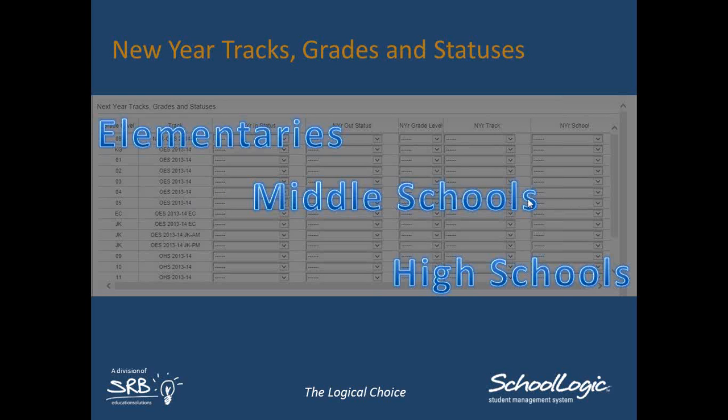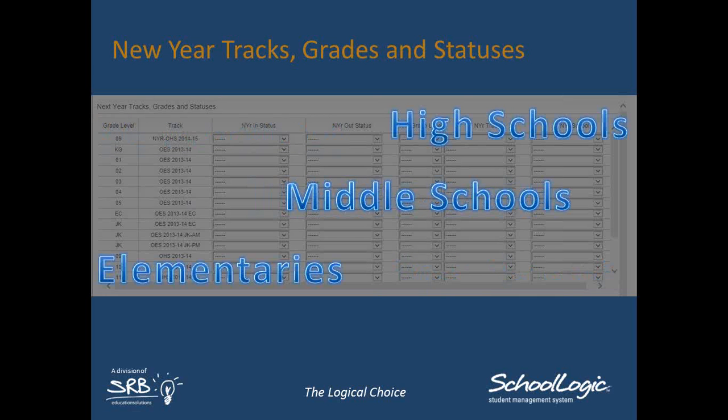This staff member declares this year's 8th graders have a next year school of the high school. Now your high school counselors can plan for next year's 9th grade enrollment numbers. Now, by the way, this is one of those parts where we've observed if you do this out of order, you can end up with bogus records after rollover, just so you know.